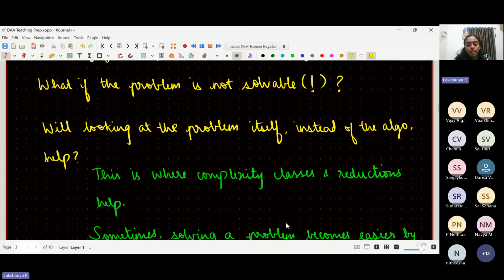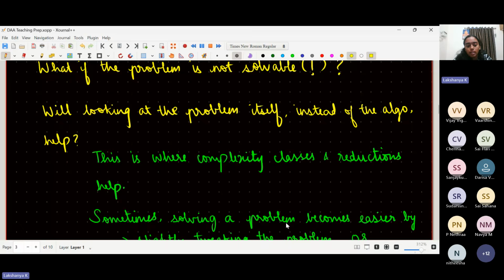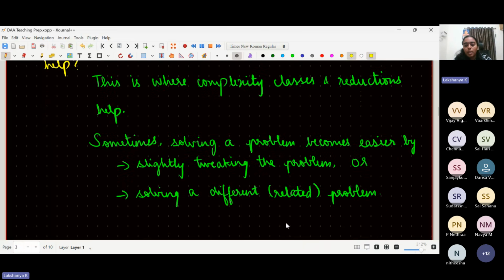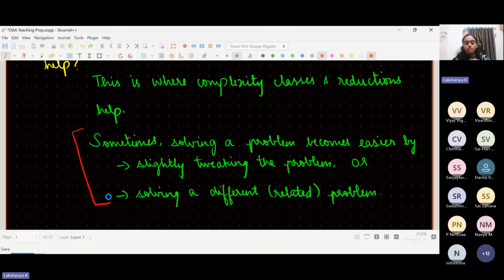So the basic idea is sometimes solving a problem becomes easier when you either slightly tweak the problem or you solve a different but related problem. We will be coming back to this at least twice in the course of this session.